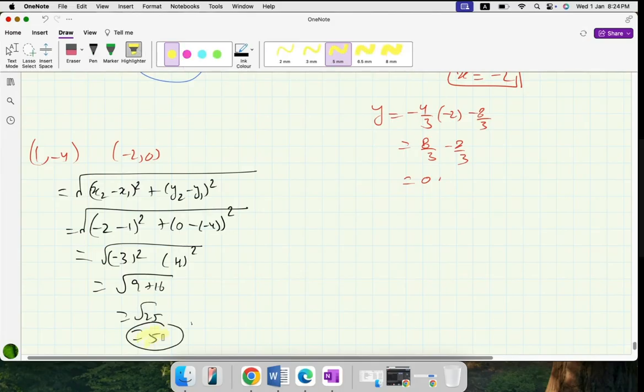So the distance between the given point and the line is 5.